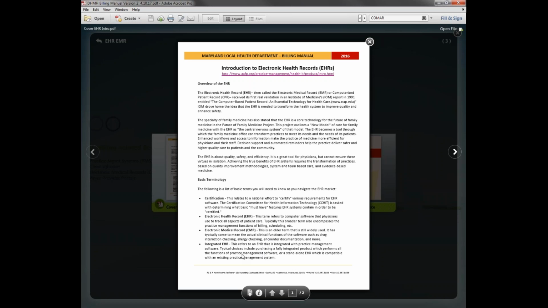An integrated EHR refers to the EHR that is integrated with practice management software. There are systems that have an electronic health record and practice management system integrated into one software. Typically, choices include purchasing a fully integrated product which performs all the functions of your practice management software, as well as a standalone EHR, which is compatible with the practice management system.